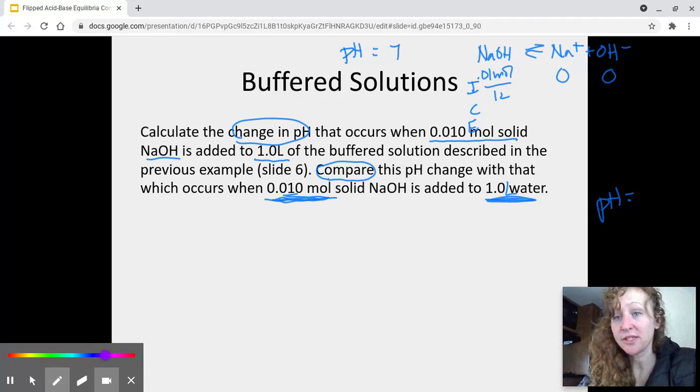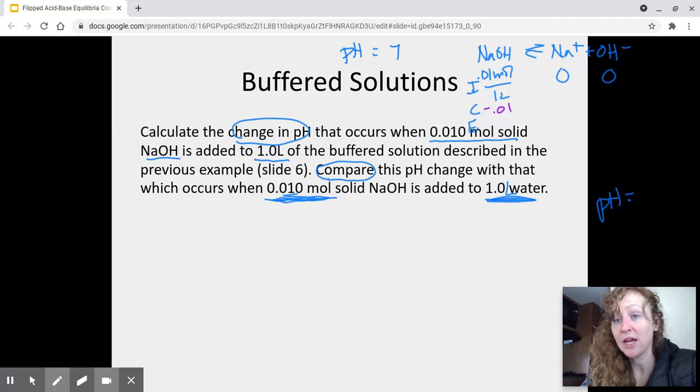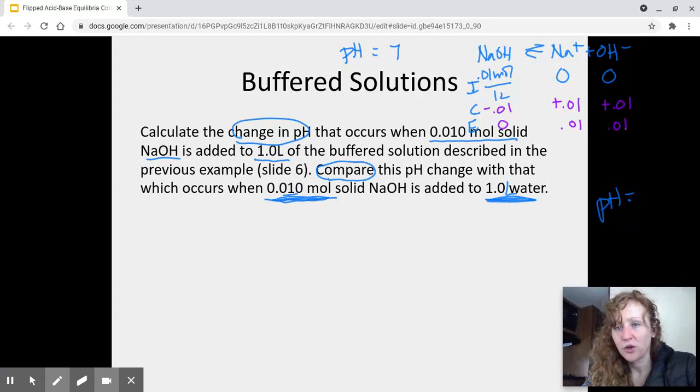Okay, so this is a strong base. I know it's going to react completely. It's not going to hit equilibrium. So I know what the change is. I don't have to mess with the X's because it's not a weak thing. So I can take my hydroxide concentration and plug that into negative log.